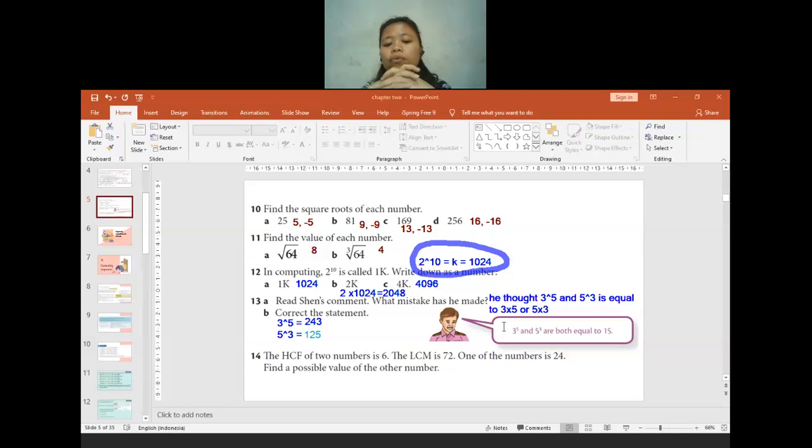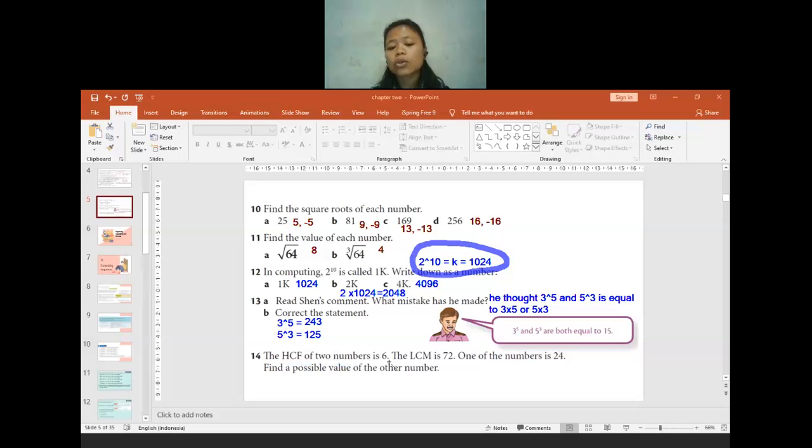The HCF of two numbers is 6. The LCM is 72. One of the numbers is 24. When you know the HCF is 6, it means you need to find a number that is a multiple of 6.